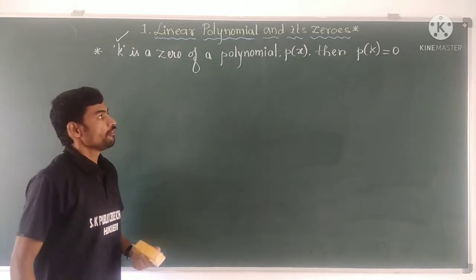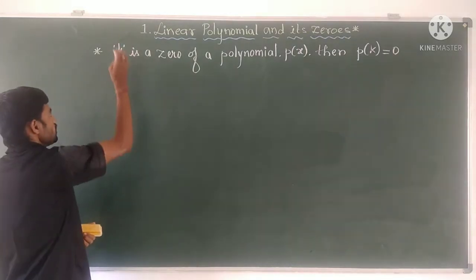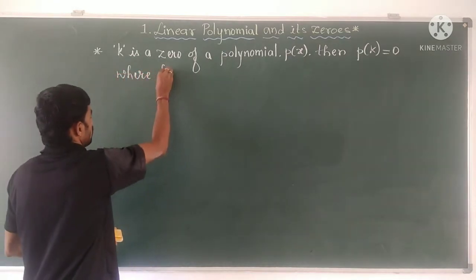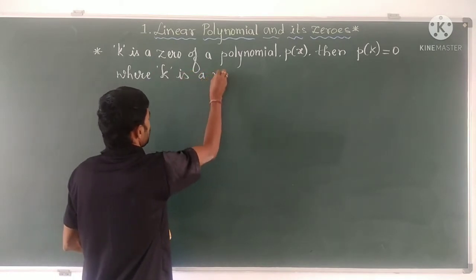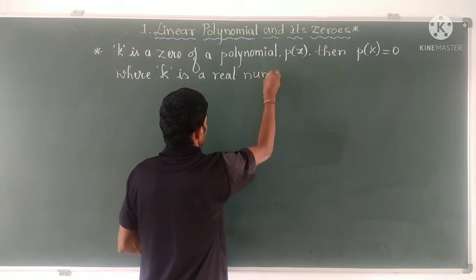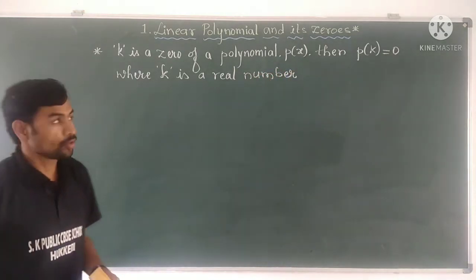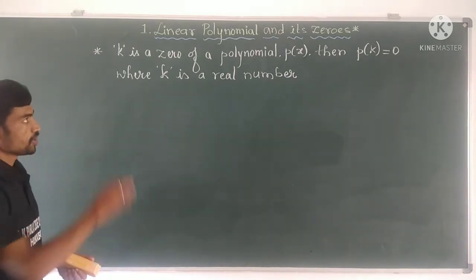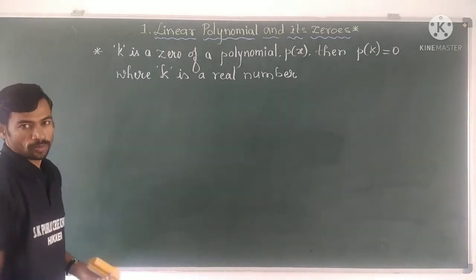K should be a real number. Any real number it should be. Then that k is said to be a zero of a polynomial. This is the zero of a polynomial for all polynomials.